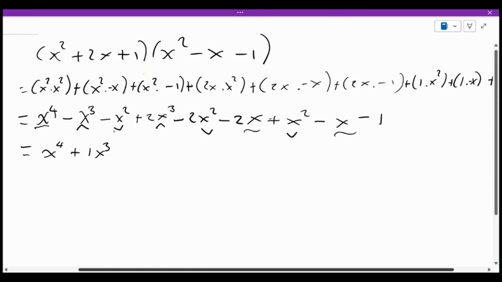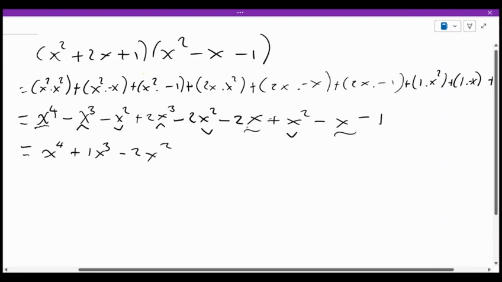And then we look at the x squared, negative x squared minus 2, that's just negative 3, plus 1, that is positive 2. Why? Negative 2x cubed.